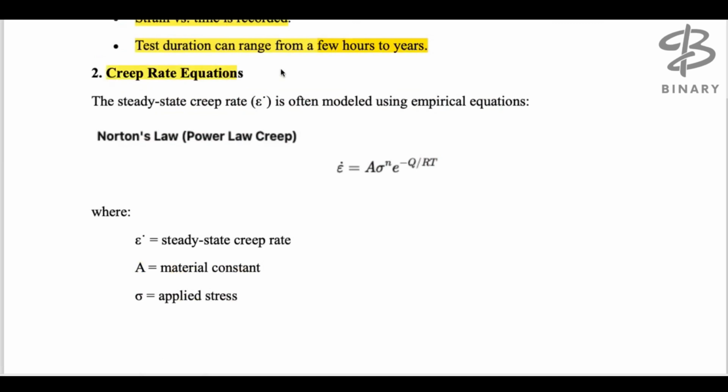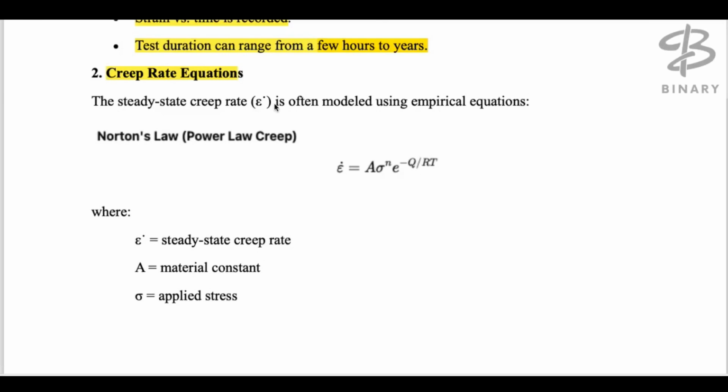Creep rate equations. What are the equations that are used for the creep rate? This is the equation for the steady state creep rate, which is the main part we have to focus on. I already told you there are three creep stages, and the stage of most concern is the second stage, because that is the steady state creep.